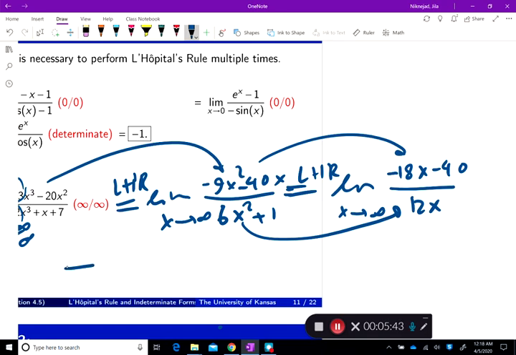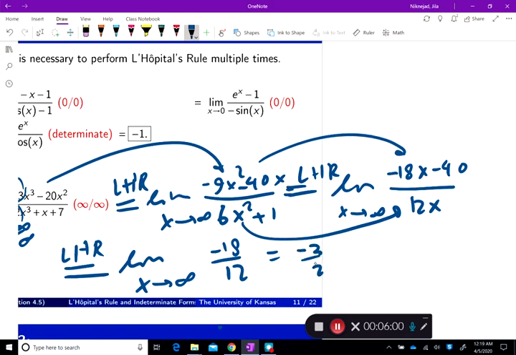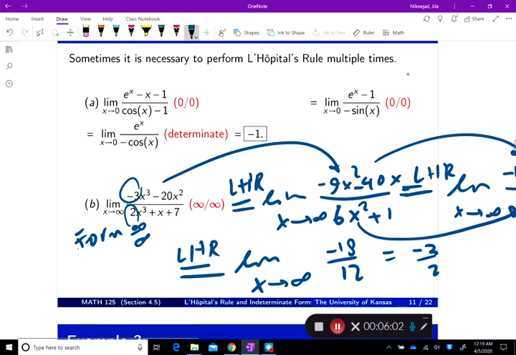I do another LHR, and the limit as x goes to infinity is negative 18 over 12. I can simplify by 6, and it's negative 3 over 2, which is what you were expecting. So it works with LHR, and it agrees with the other methods that we have.